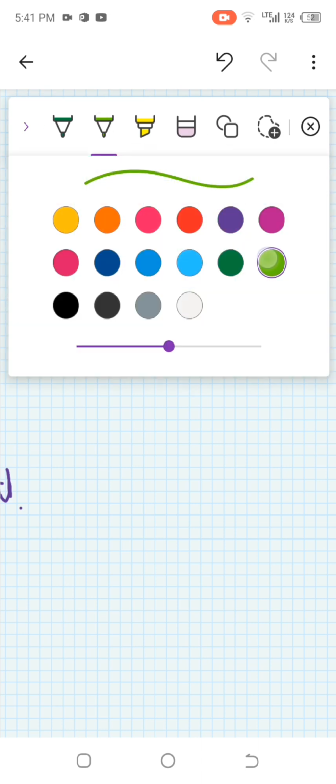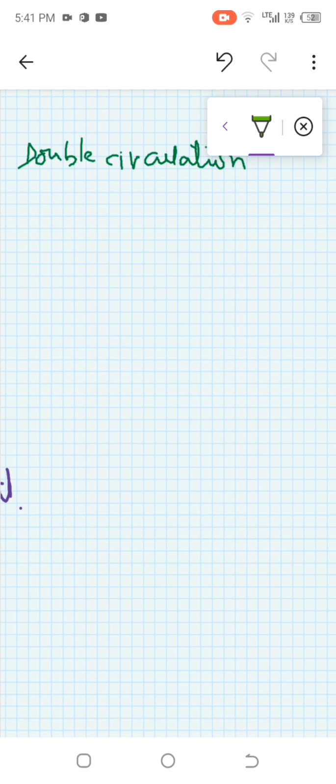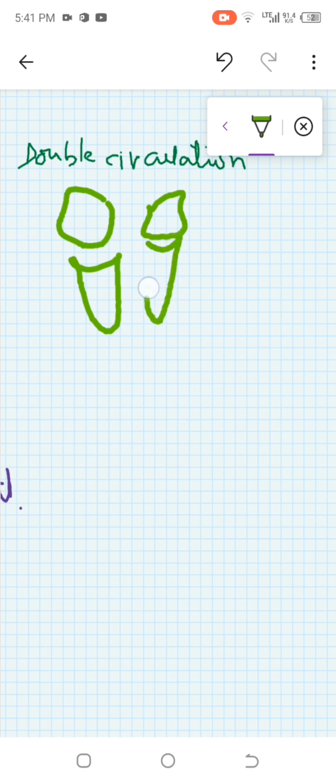Let me draw the diagram of the heart. Here we have the right atrium, right ventricle, left atrium, and left ventricle.